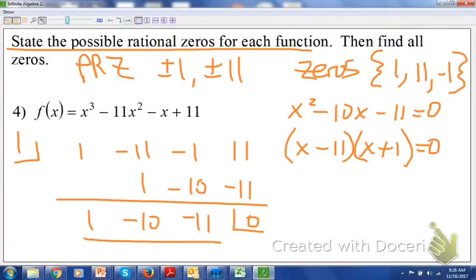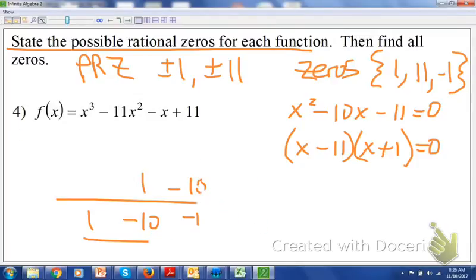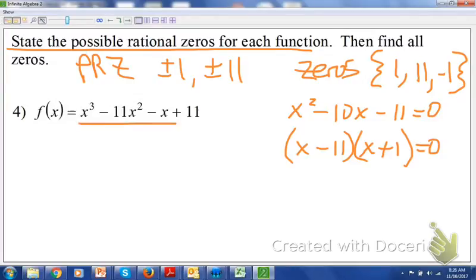All right, so this is really similar to the problems that we did in class yesterday, really similar to the one that you guys were to do for homework last night. But I want to kind of point out something to you here, all right? How many terms are here? 4 terms.